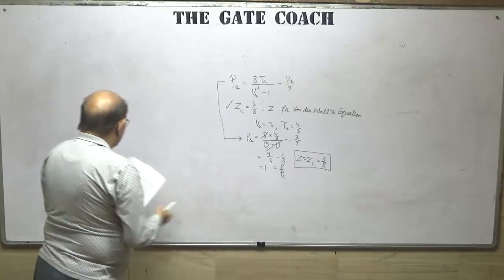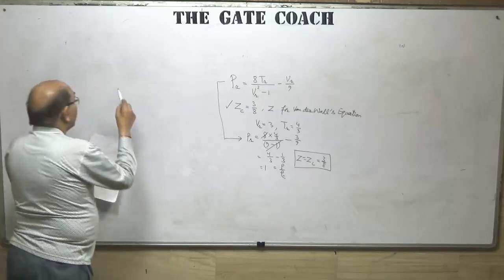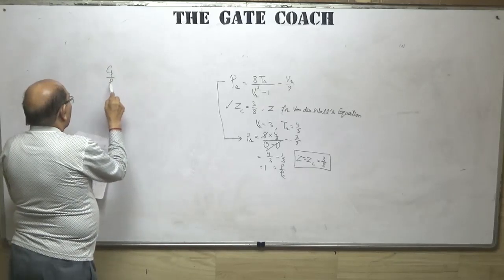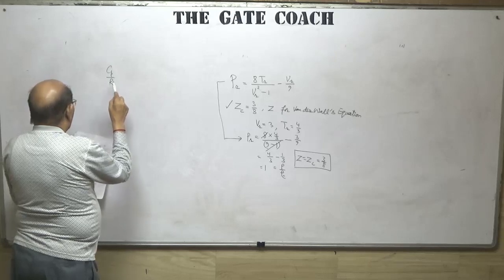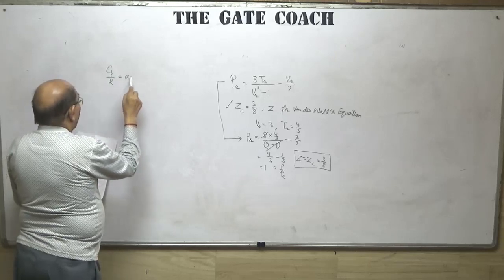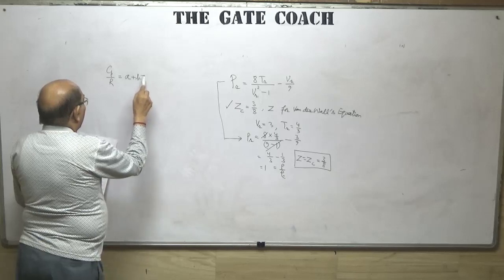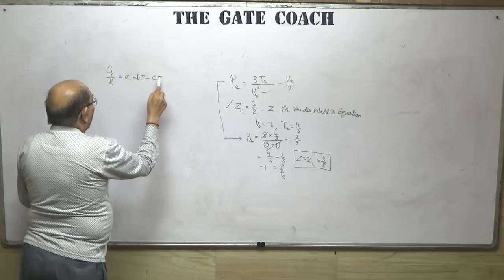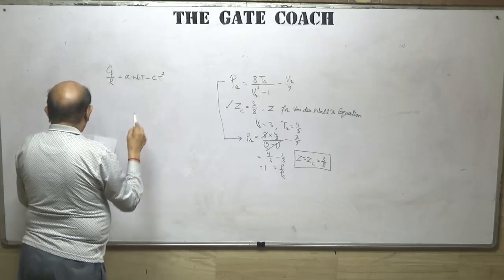And the other question is, Cp by R is given by A plus Bt minus Ct square.